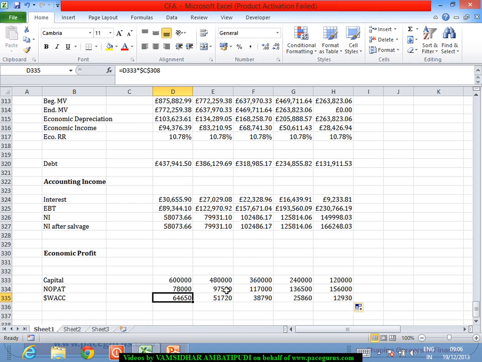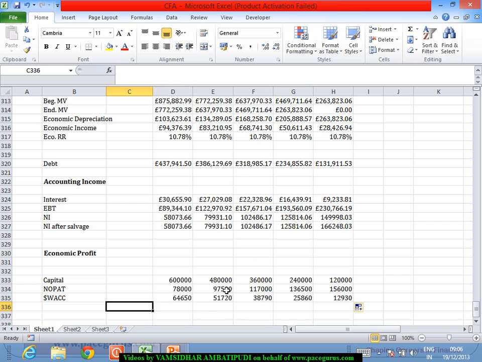Out of that 600,000 there is an expectation that 10.78% is the return overall, which means when I turn it into the dollar amount, it is 10.78% of 600,000, so they are expecting 64,650 in the first year, whereas the project has generated a post-tax operating profit of 78,000.